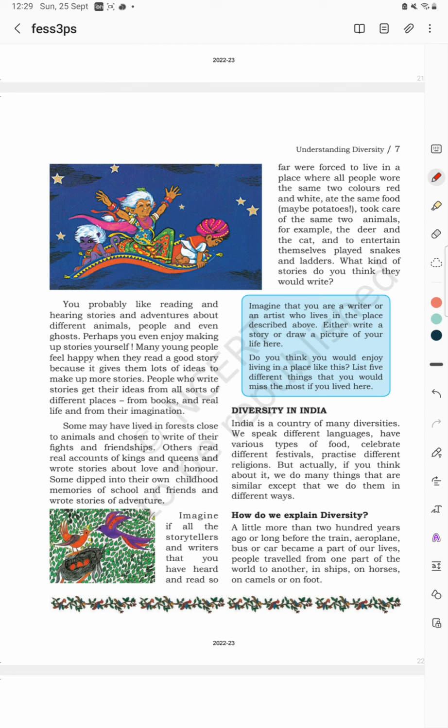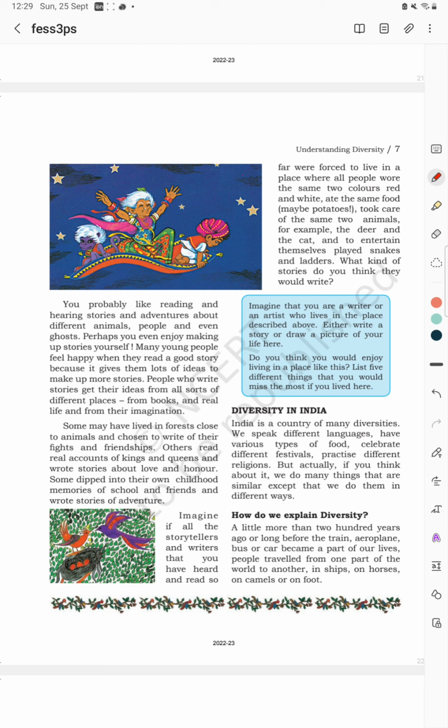People who write stories get their ideas from all sorts of different places, from books, from real life, and from their imagination. Some may have lived in a forest close to animals and chosen to write about their fights and friendship. Others read real accounts of kings and queens and wrote stories about love and honor.